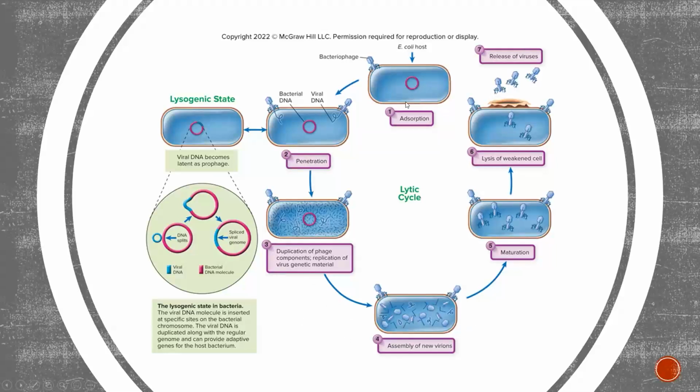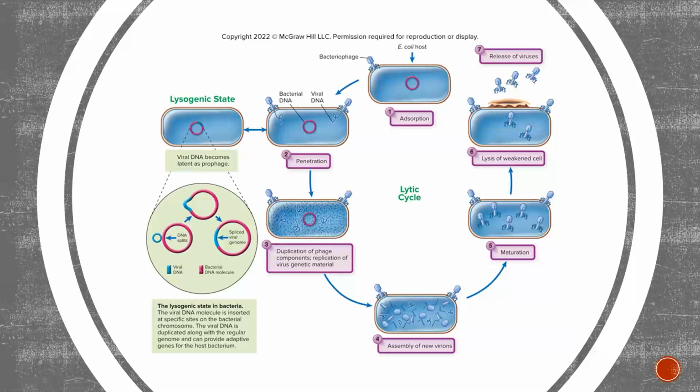But if the virus senses that the environment is not favorable, or stress or something like that triggers it, it can enter an alternative state known as the lysogenic state. In this case, the viral DNA can be incorporated into the DNA of the host, and it can hide out there.